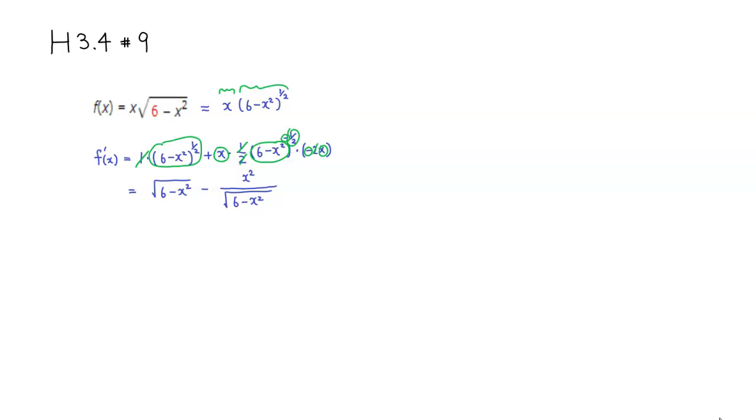Then I'm going to put these together by taking a common denominator. To get the common denominator, I'm going to multiply the first one on top by the square root of 6 minus x squared, and the bottom by the square root of 6 minus x squared.